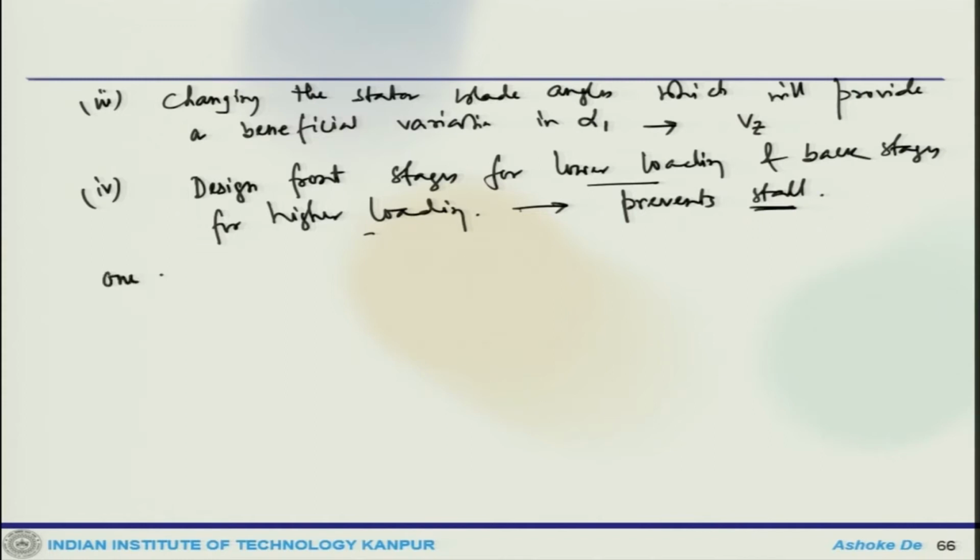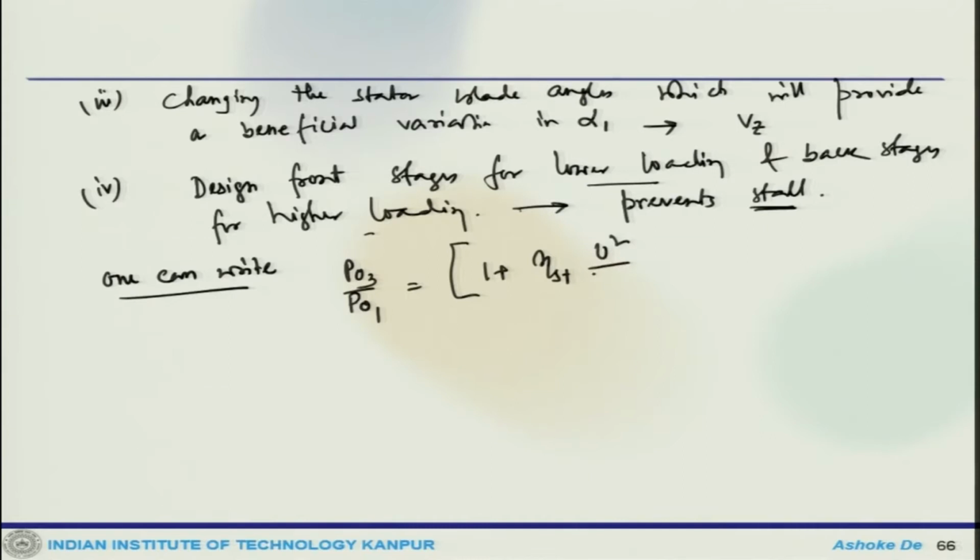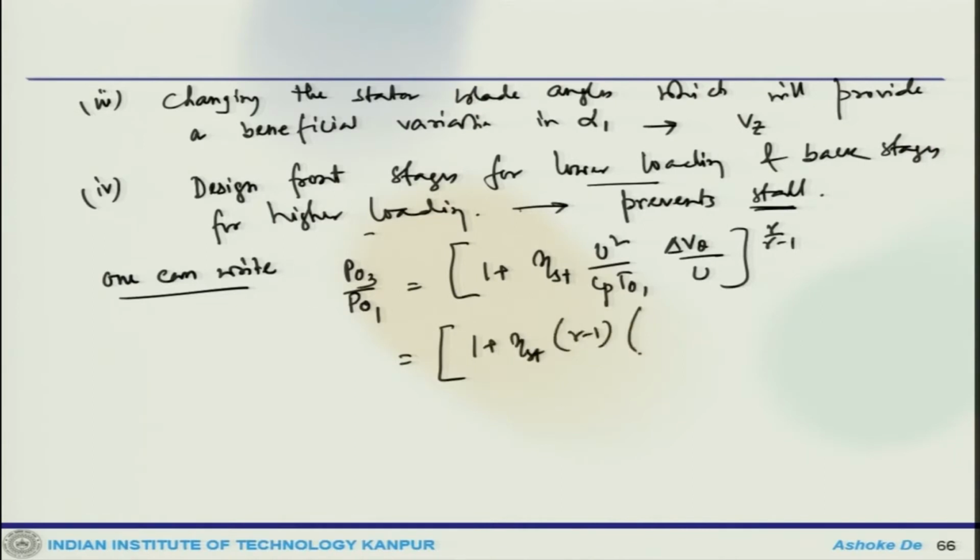So, one can write the pressure rise P naught 3 by P naught 1 as 1 plus eta st u square by Cp T naught 1 times delta V theta by u, to the power gamma by gamma minus 1, which is 1 plus eta st (gamma minus 1) times u by root of gamma R T naught 1, squared, times delta V theta by u, to the power gamma by gamma minus 1.